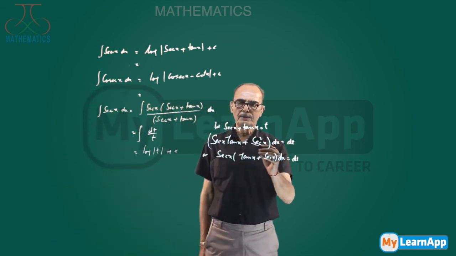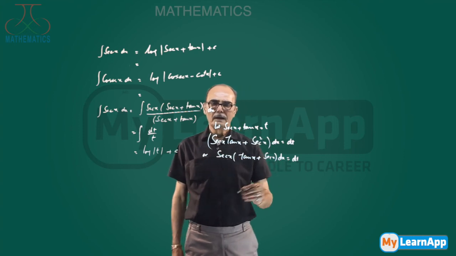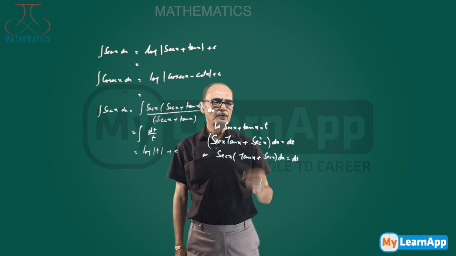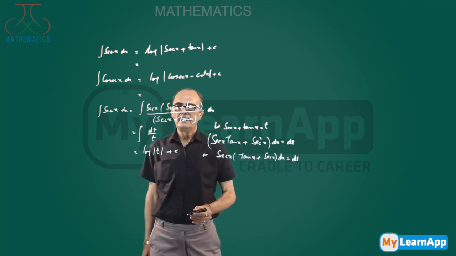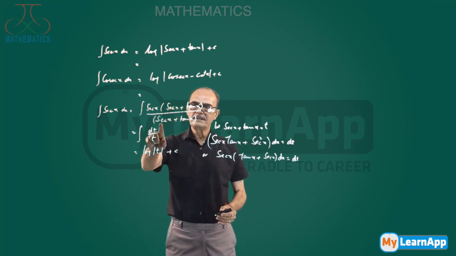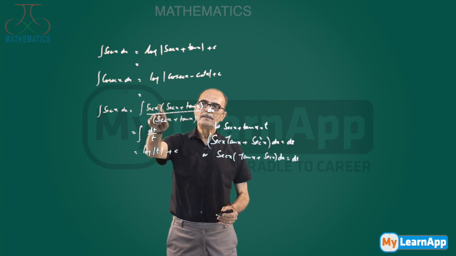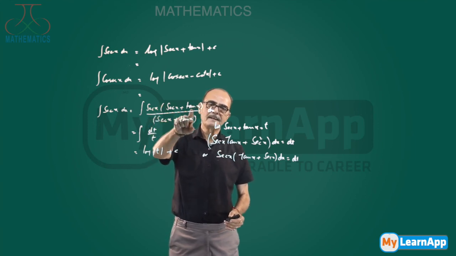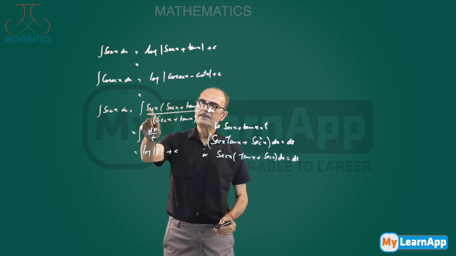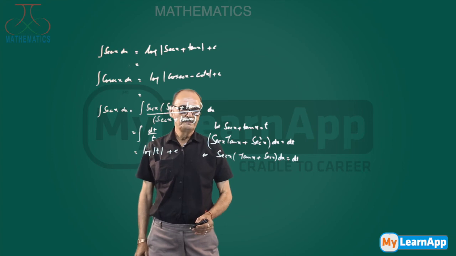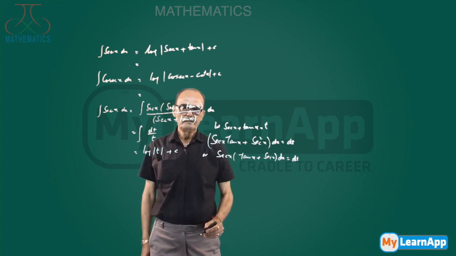When you substitute secant x plus tan x equal to t, another way to say it orally is that the derivative of secant x is secant x tan x, and the derivative of tan x is secant square x. The numerator is secant x tan x plus secant square x, which is secant x into secant x plus tan x.